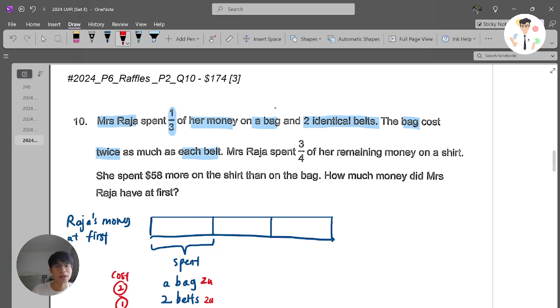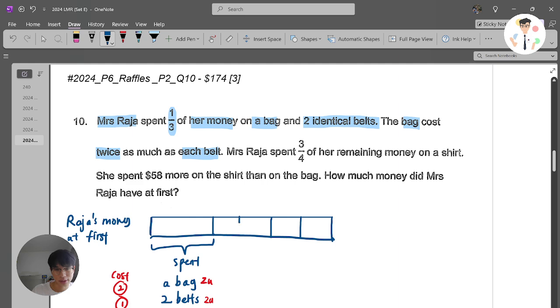Yeah. Now let's continue. Mrs. Raja spent 3/4 of her remaining money on a shirt. This will be the remaining money, right? This 2 units here, 3/4. Okay, I have only 2 here, but here says 4. So what should I do? Cut into 2 parts.